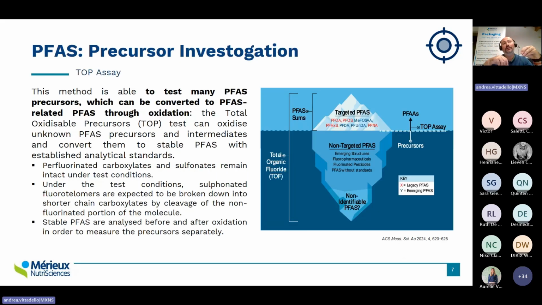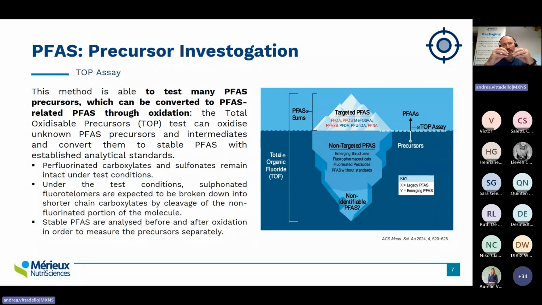The other point is that the PPWR, but also the new requirements that we will face in the next years, is not just about PFAS alone, but what could release PFAS after degradation. And therefore, there is another technique that is the TOP assay. What does it mean, TOP assay?